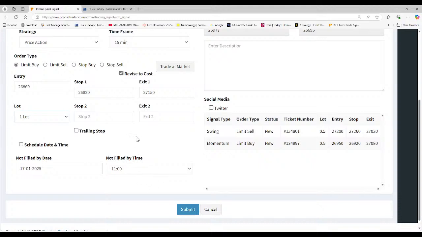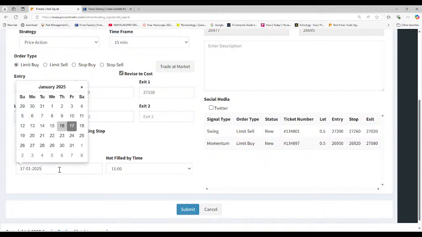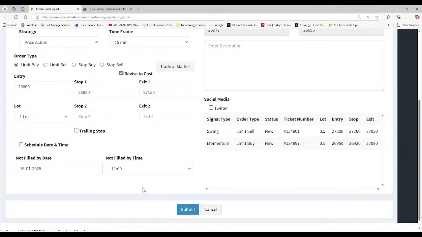So with this one we'll go for one lot, and the expiry we will put until maybe 5 o'clock. I think at the 5 o'clock session, we may want to revise or re-enter this level.